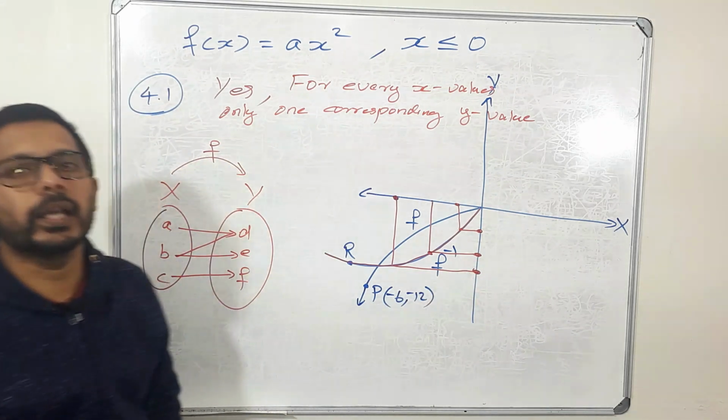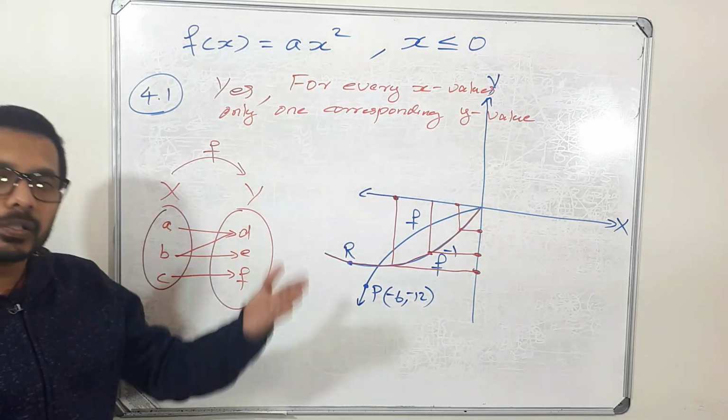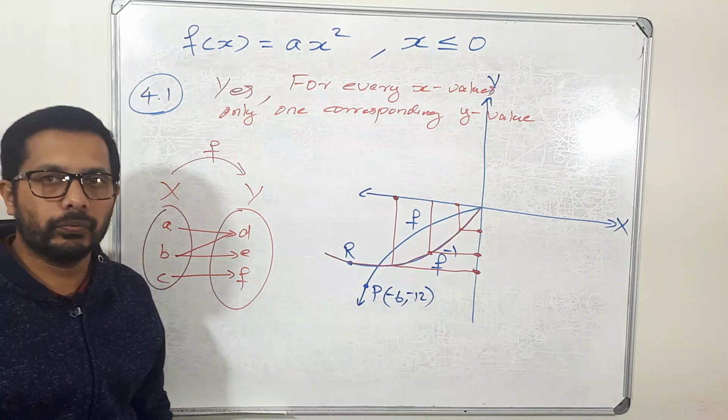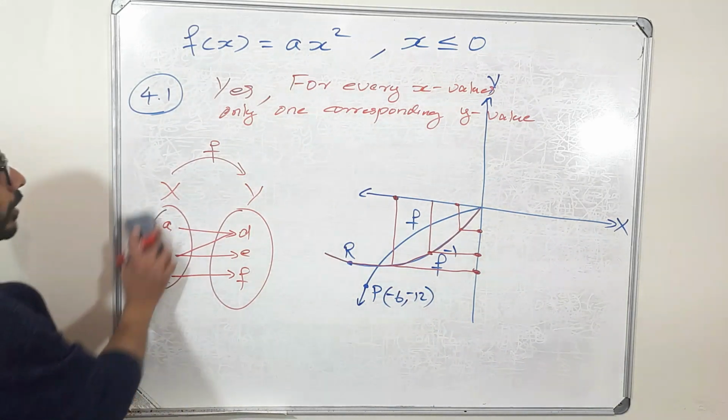So we can say that f inverse is a function. So for every x value there is only one y value, so it is a function. Okay, so that is question number 4.1.